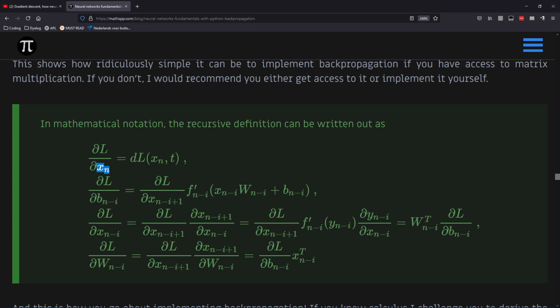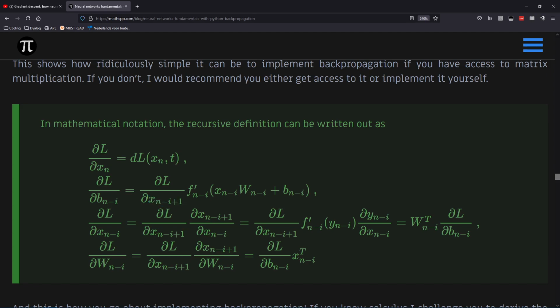And so we start by computing this value. This is the seed of our recursive algorithm, which uses the derivative of the loss function, the output of the network, and our target value. And then it's just a recursive function. We see here that this value over here, the dLdB indexed by n minus i, is going to depend on the previous value that used x.